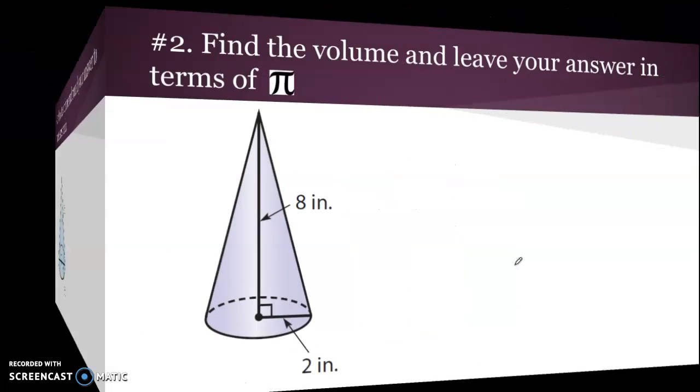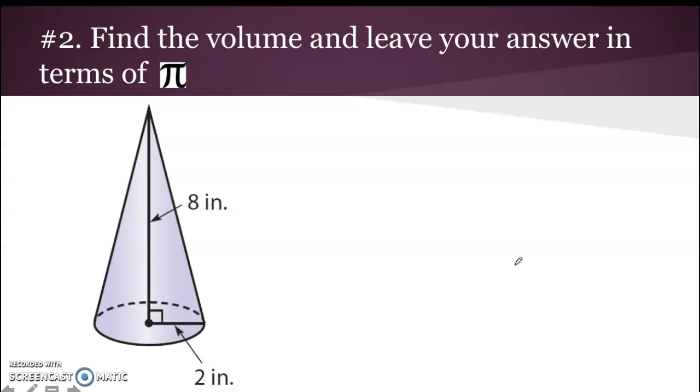On to our second example. Again, here it says find a volume, but we're leaving it in terms of pi, meaning do not enter pi in my calculator. So volume equals 1/3 pi r squared h. This is my height and this is my radius, so I don't have to do any dividing by 2. 1/3 times pi, 2 squared times 8.